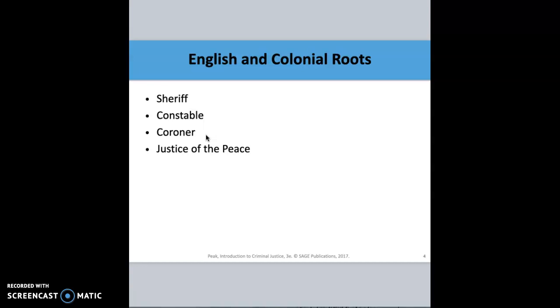In some counties, the coroner may be a separate office, but just know that there is a level of politics associated with that in terms of one seeking the office or being elected. Many of you probably heard of a coroner's inquest, which is used to determine the cause of death and the party responsible for it.